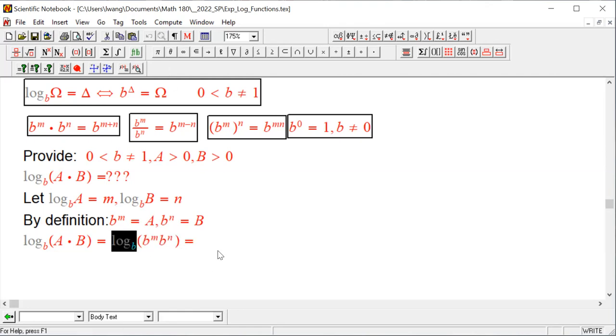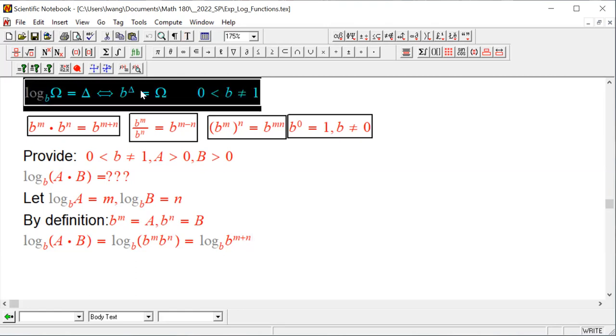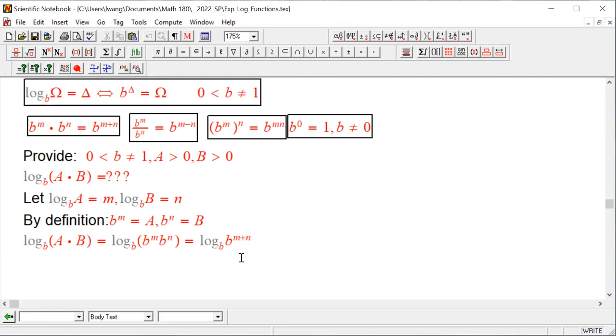Well, we get log base B of B to the power of M plus N. We get to use this property. M plus N. So use definition one more time. And these two bases are the same. So this piece will be equal to M plus N, because B to the power of M plus N is B to the power of M plus N.